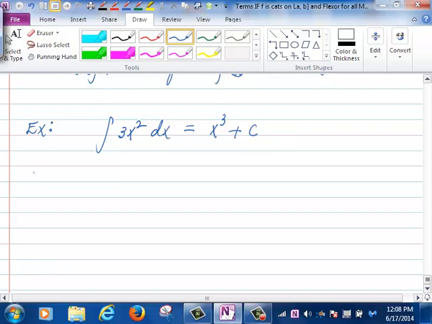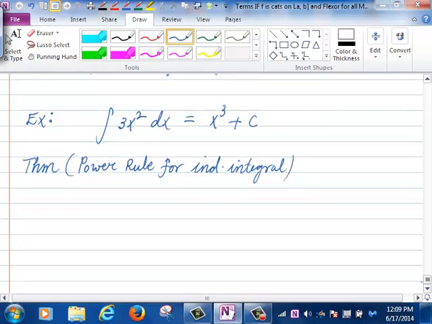Let's look at the power rule for indefinite integrals. We had a power rule for derivatives. We also have a power rule for indefinite integrals. What is that?